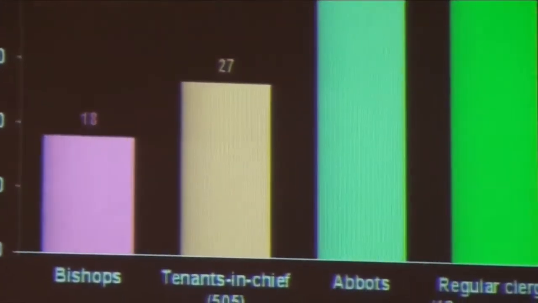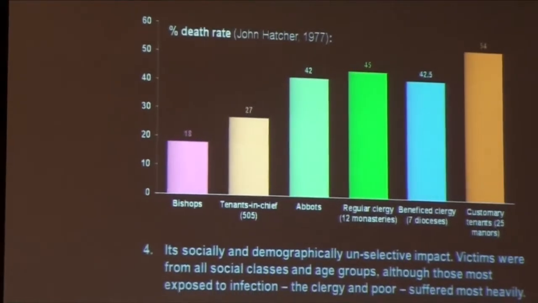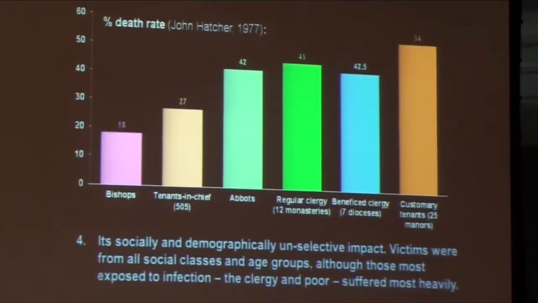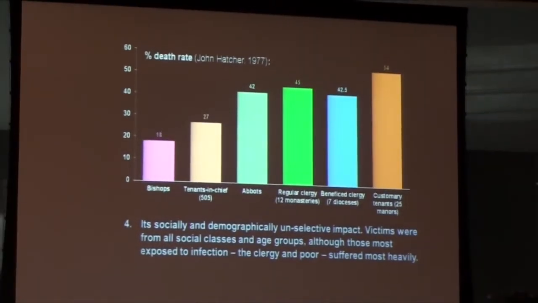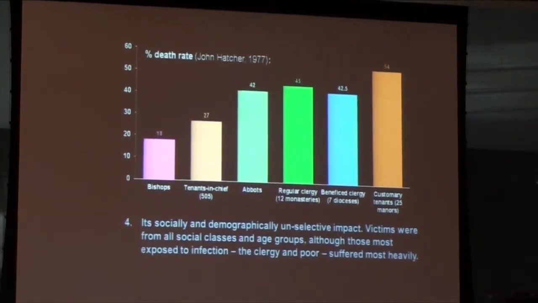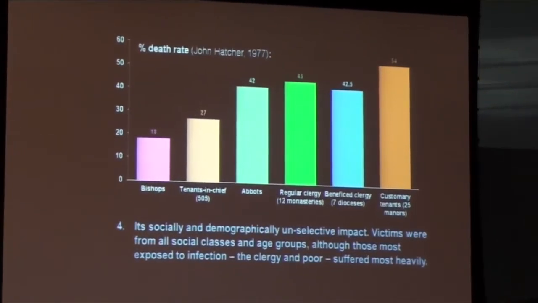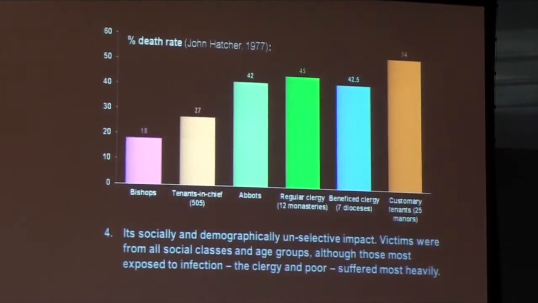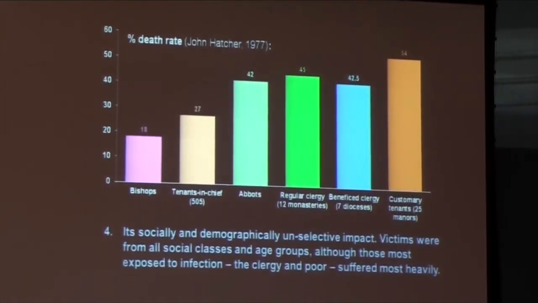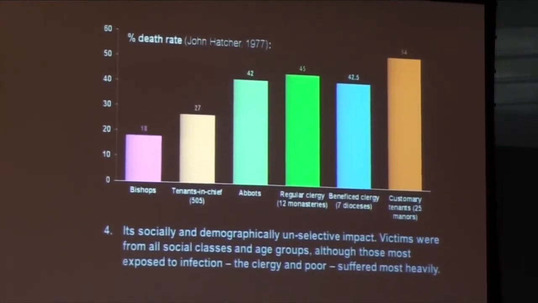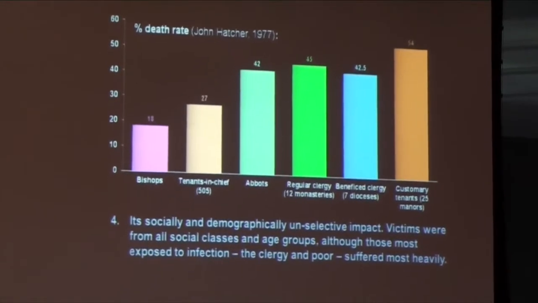These are levels of mortality calculated by John Hatcher for different social groups in England. The people who got off best here are the bishops. They had the lowest mortality. Abbots did much worse because they lived communally, and monks did very badly because they shared dormitories. So the communal living led to very high death rates for the regular clergy.